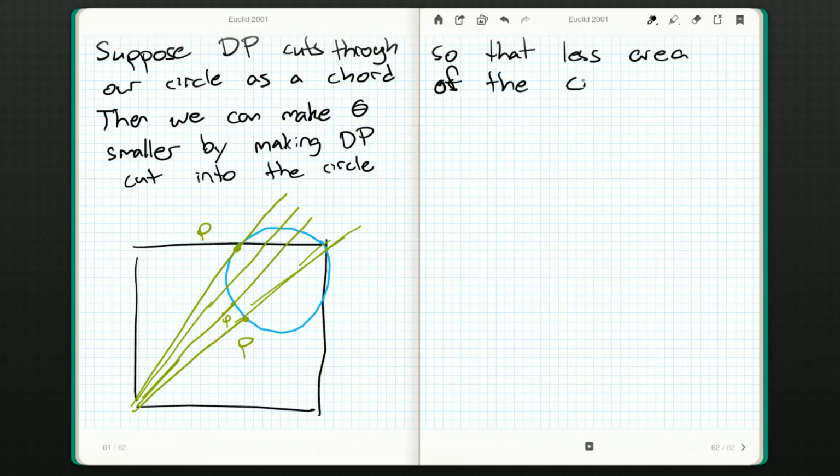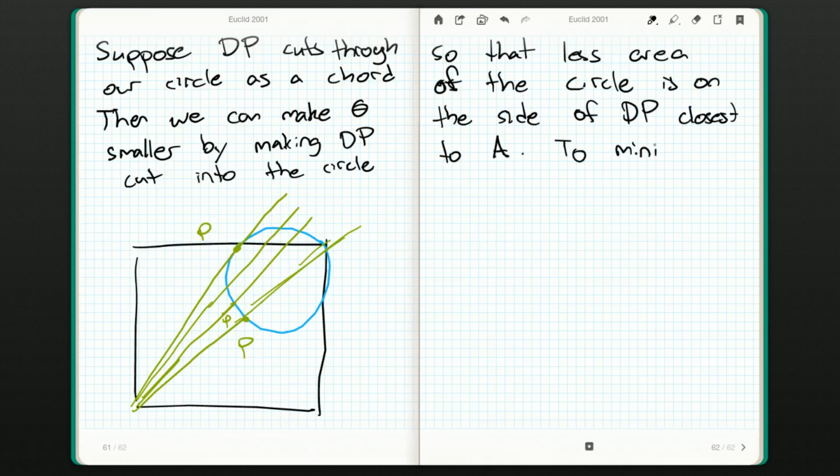So the less area of the circle is on the side of DP closest to A. So we want to minimize this area, we need DP to be tangent.